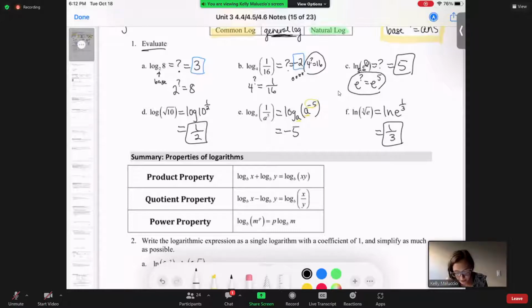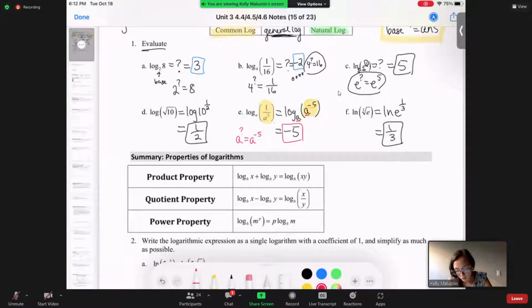Okay. So for E, I just rewrite this as a to the fifth, right? And then because I have the same base, a here and a here, if I just say a to the question mark equals a to the -5, well, I know my answer is going to be -5, right?